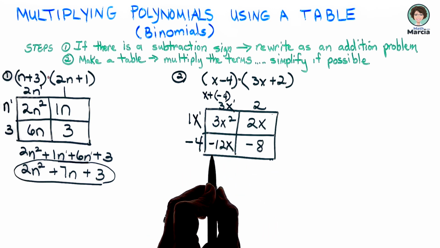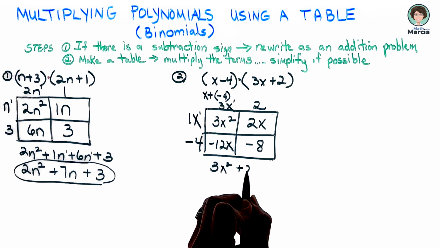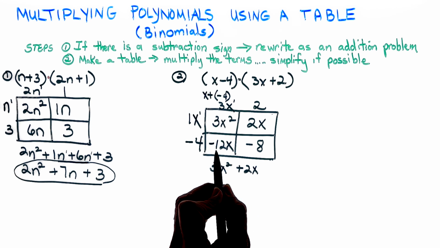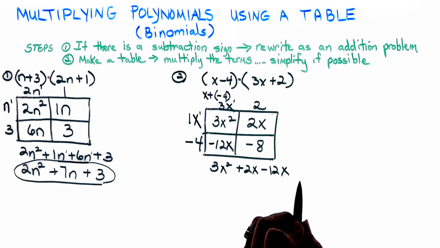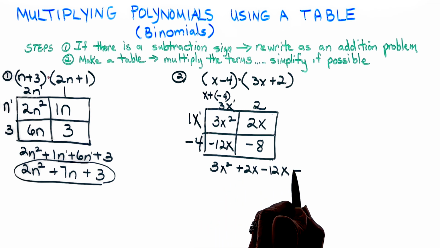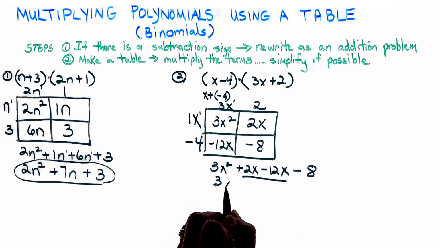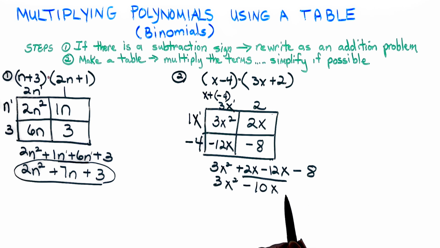Again, I'm going to write all of my answers down as an addition problem. So I see 3x squared plus 2x. This is actually a negative 12x, so I'm going to write minus 12x. And this is a negative 8, so I'm going to write minus 8. The terms that can be put together are here, and so it is 3x squared. Positive 2x and a negative 12x is minus 10x, and this is minus 8.